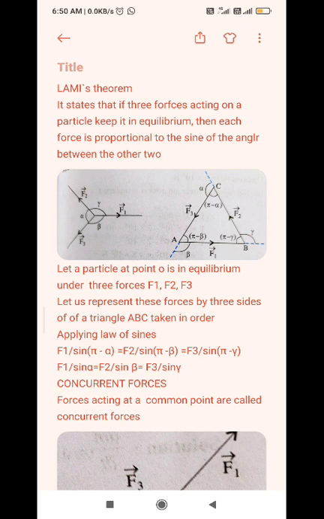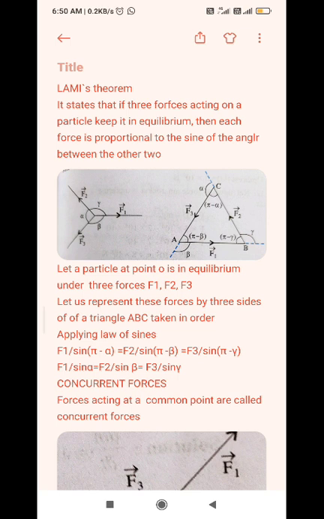Now let us represent a particle at a point O in equilibrium under three forces F1, F2 and F3. Let us represent these forces by three sides of a triangle ABC. F1 is directed along AB, force F2 is directed along BC, and force F3 is directed along CA.